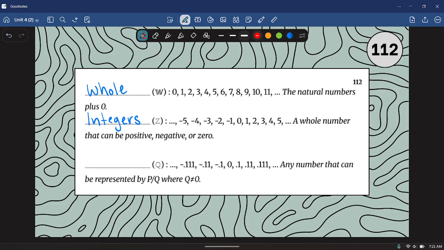All right, and then for the next one, we have everything in between. We have all the decimals, as long as they terminate or repeat. If you can represent it as a fraction, where q does not equal 0, then it is considered a rational number. That one's represented by Q. You might be sitting there thinking, that's pretty random, but it's not. Q, in math, you probably think of the word quotient, and that is the answer to a division problem.